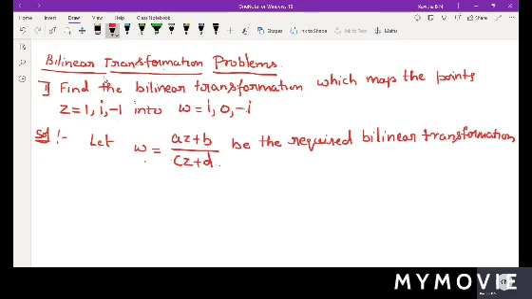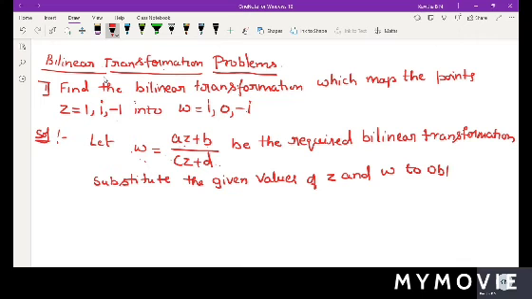Substitute the given values of z and w to obtain three equations.